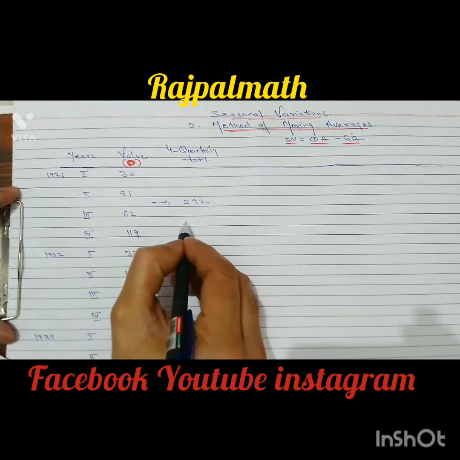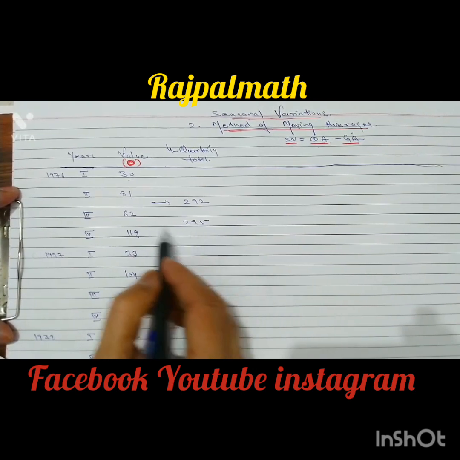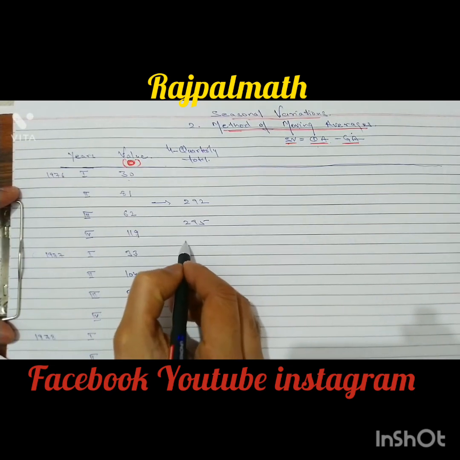We get 295. Then total of next 4. Skip 2. 1, 2, 3, 4. Total is 318.